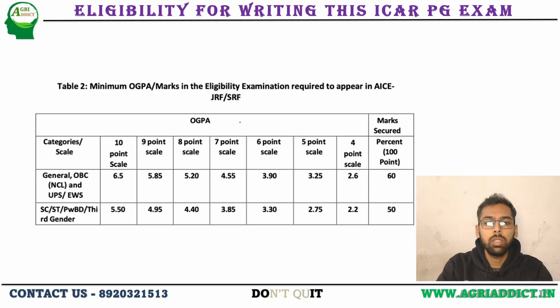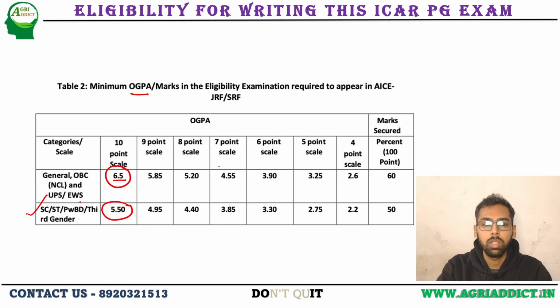Coming to the OGPA, you need to have an OGPA of 6.5 or more for general, OBC and EWS. And regarding SC, ST and other categories, you need to have an OGPA of 5.5 or more.